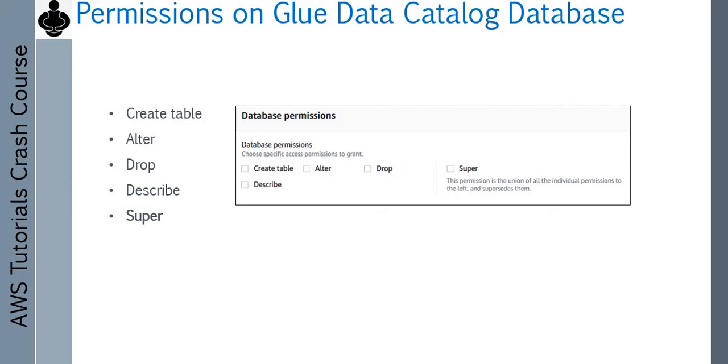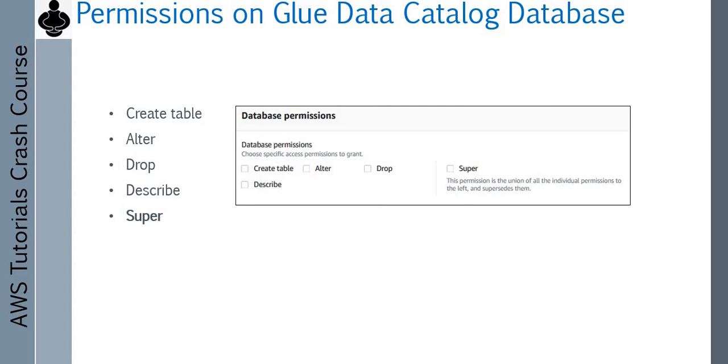Can someone alter the database? Can someone drop the database? Can someone describe or fetch the information about the database? Or you can also grant the super permission, which means you have all the permissions granted to you. So at the database level, you have these 5 different types of permission which can be granted.